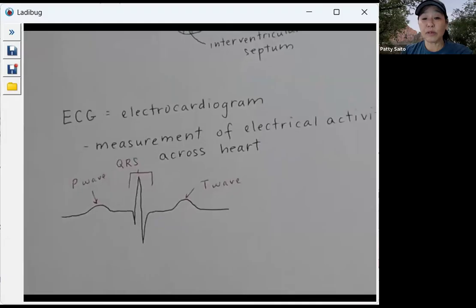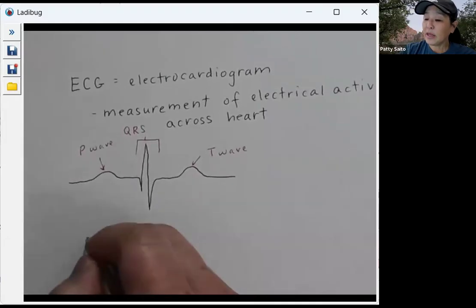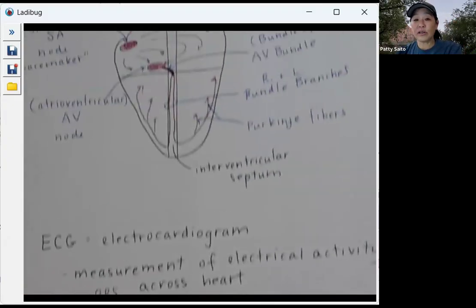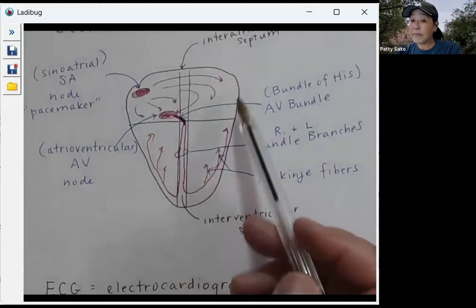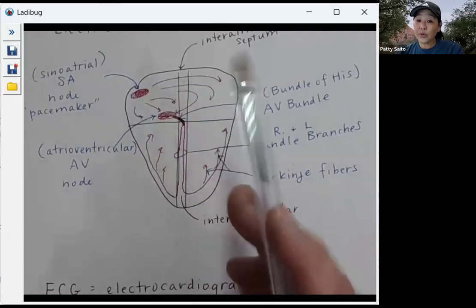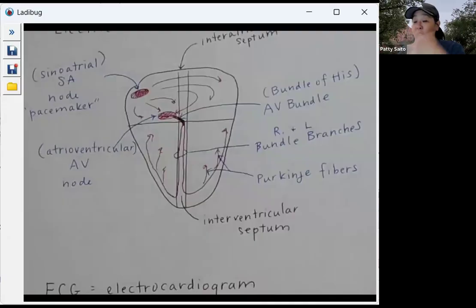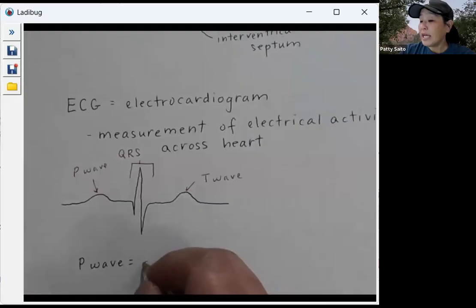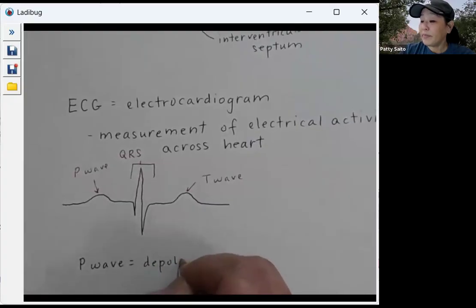Now, what do these represent? Let's start with the P wave. So we just look at our electrical conduction system. What happens first? Oh, it's the atria. The electrical part goes to the atria first. So that's what has to happen first. The P wave is depolarization.